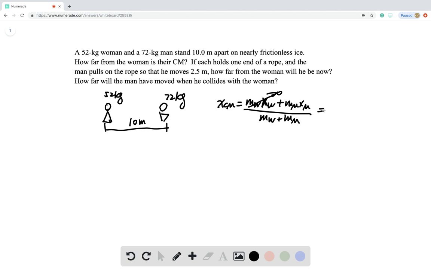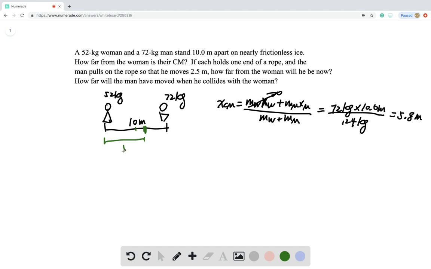So we have 72 kilograms, the mass of the man, times 10.0 meters, the distance of the man from the woman, and 124 is 52 plus 72. This gives us 5.8 meters. So the center of mass is a little bit closer to the man because the man is heavier.